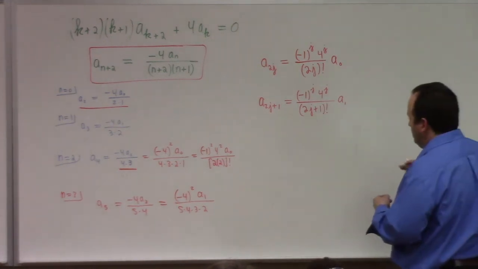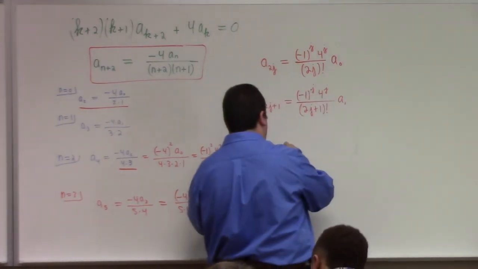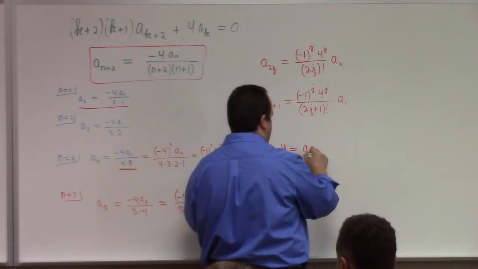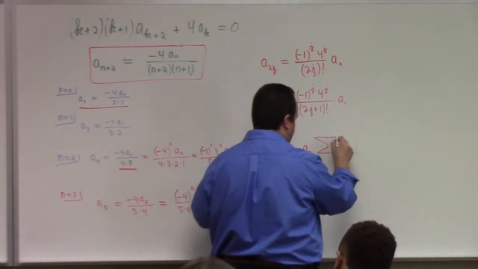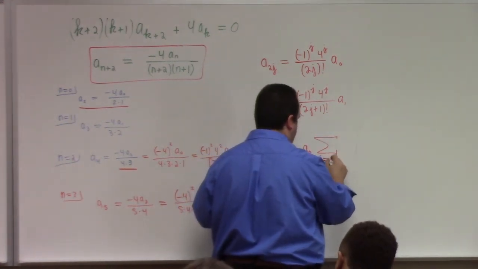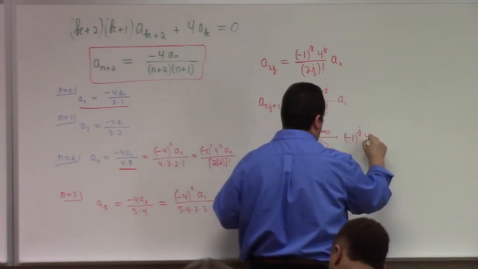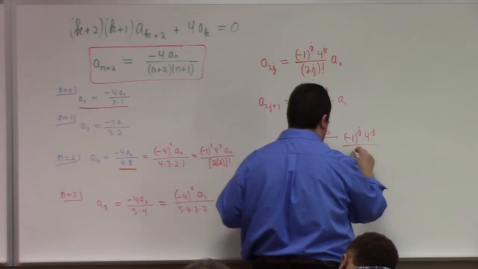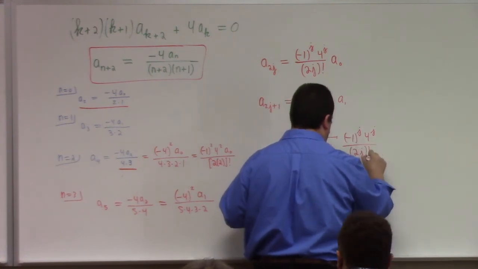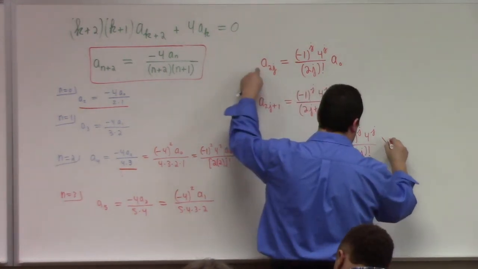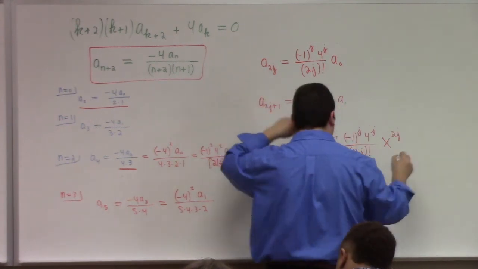So in summary, y is equal to a sub 0 times the sum, j equals 0 to infinity, minus 1 to the j, 4 to the j, over 2j factorial, times x to the 2j, right?